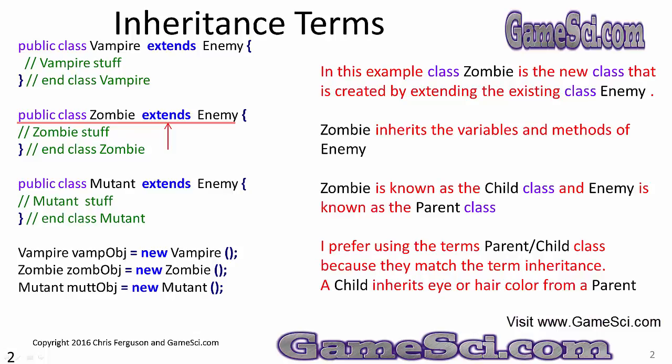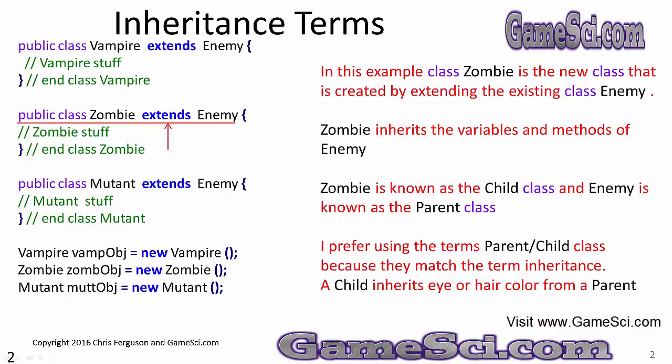Public class Zombie extends Enemy. In this example, class Zombie is the new class that is created by extending the existing class Enemy. Zombie inherits the variables and methods of Enemy. Zombie is known as the child class, and Enemy is known as the parent class.